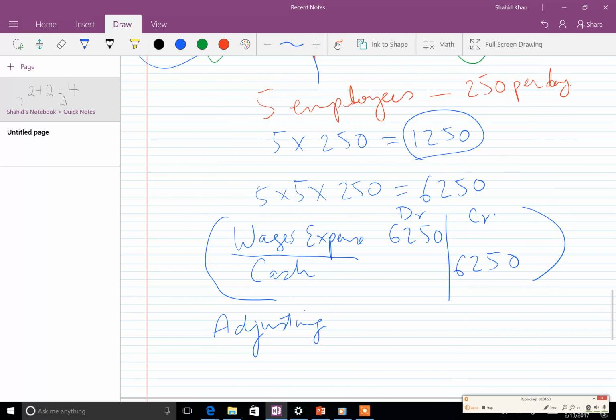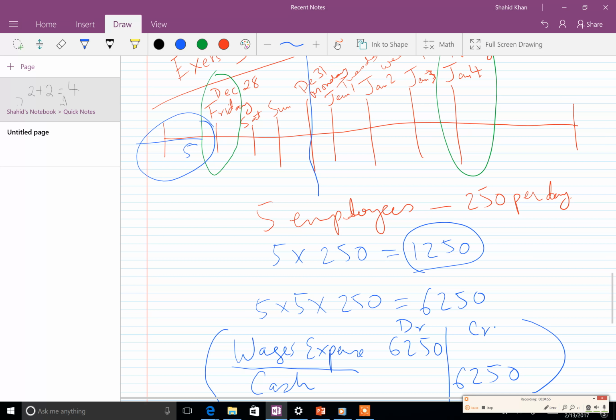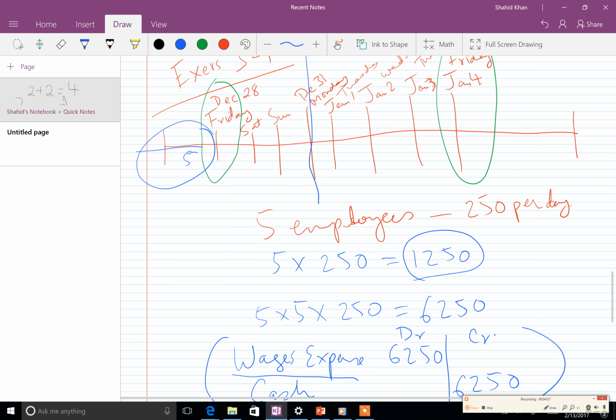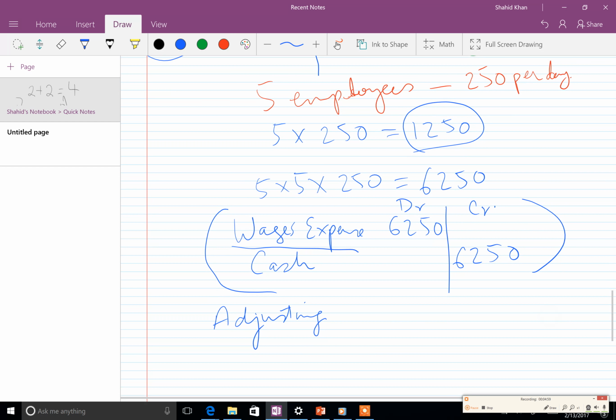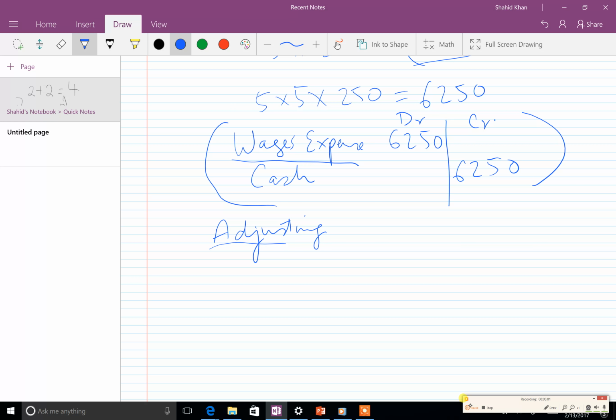And why were these expenses incurred? Because these employees worked in that month, and so we must do an adjusting entry to recognize that. So here the entry will be wages expense for that one day. That's the entry we will do on December 31st.